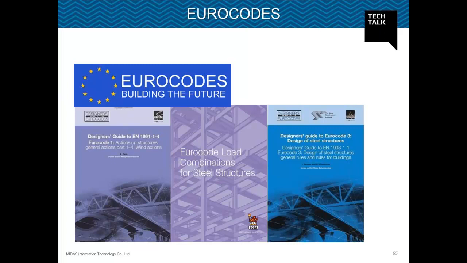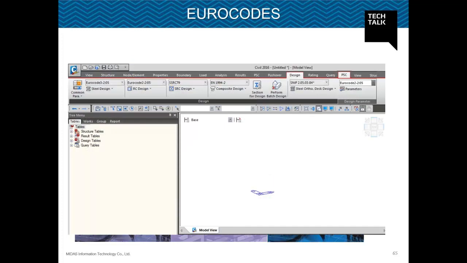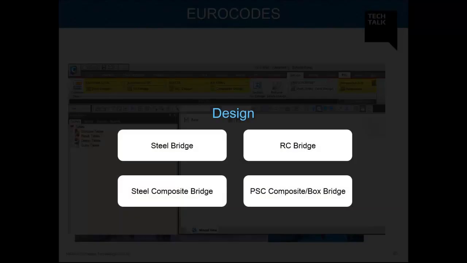By using the Eurocodes, you can perform the design of steel. There is RC design, composite design, and PSC design. So all in all, you can perform the design as per Eurocode for steel bridges, RC bridges, steel composite bridges, PSC composite bridges, and box girder bridges as well.